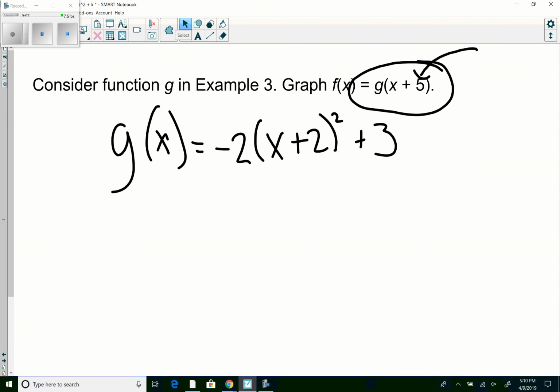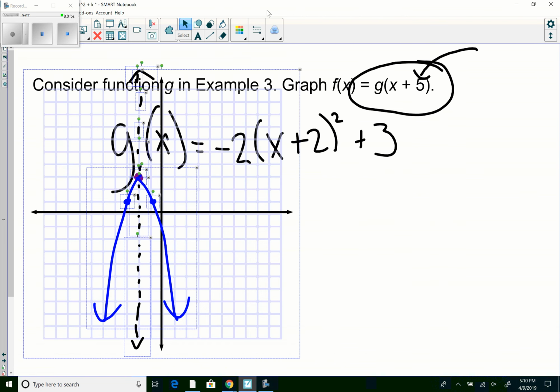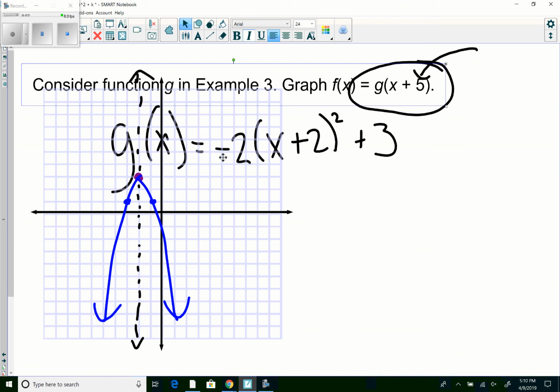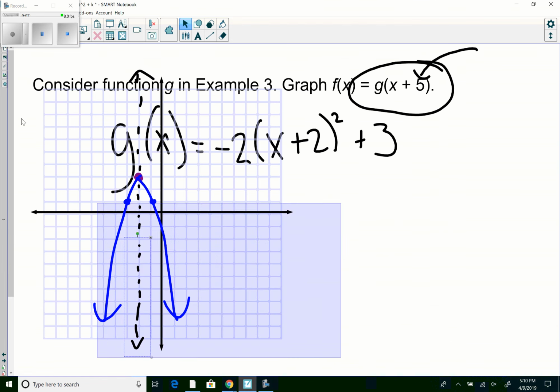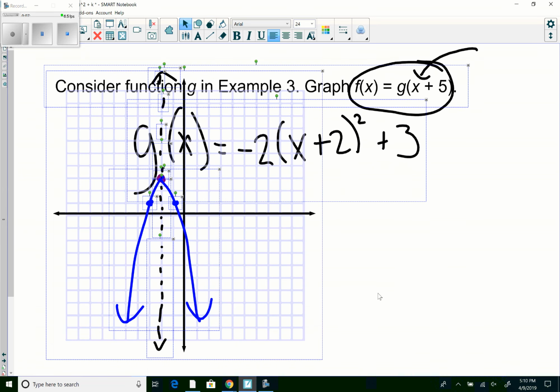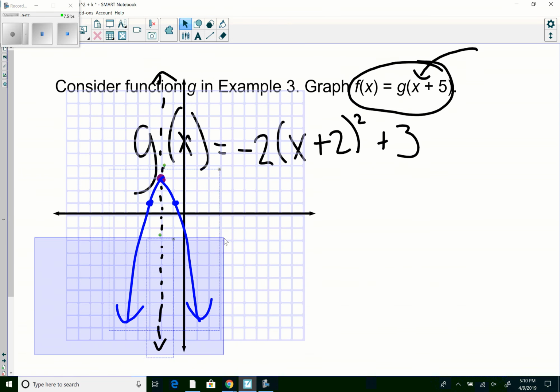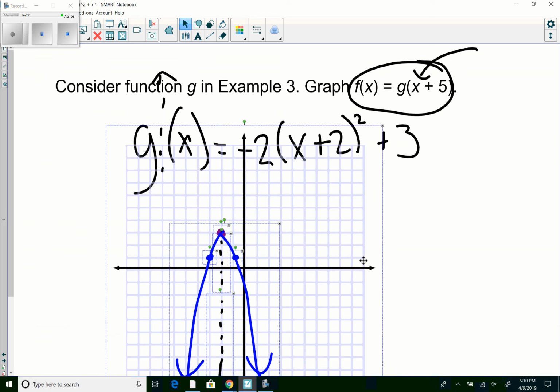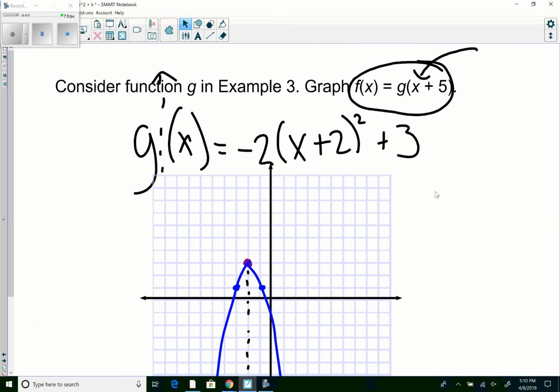This is the last graph that we just did. We're going to take this entire graph and move it 5 units to the right.